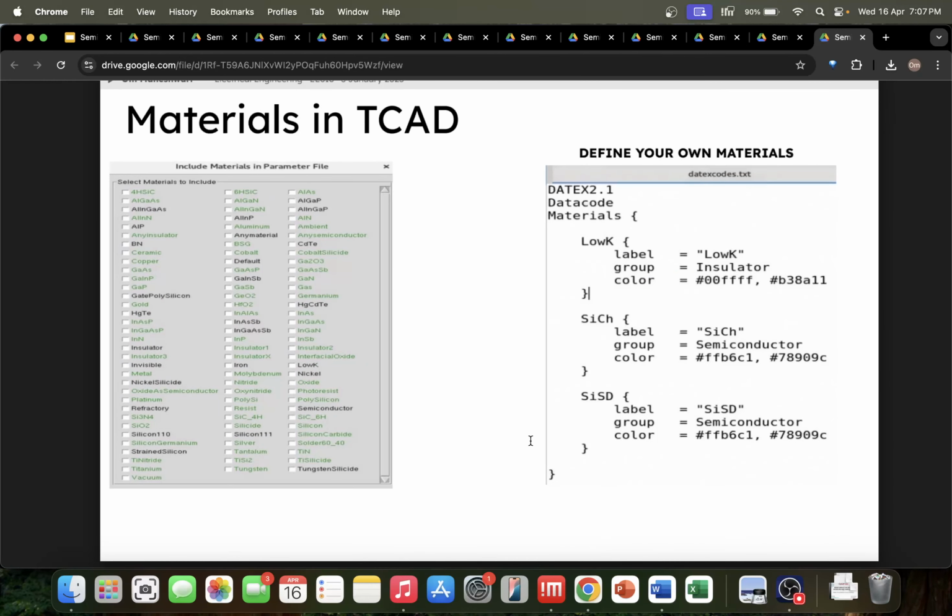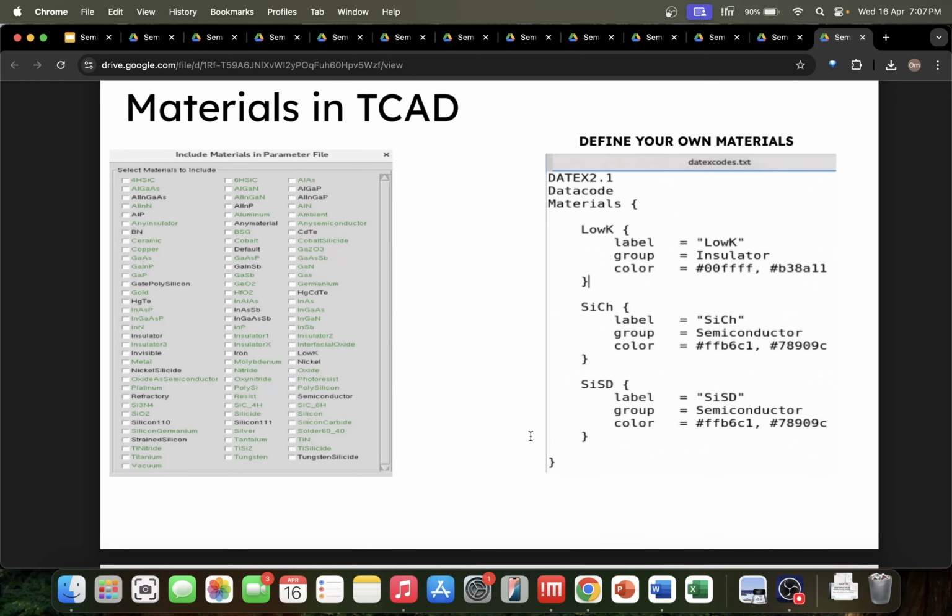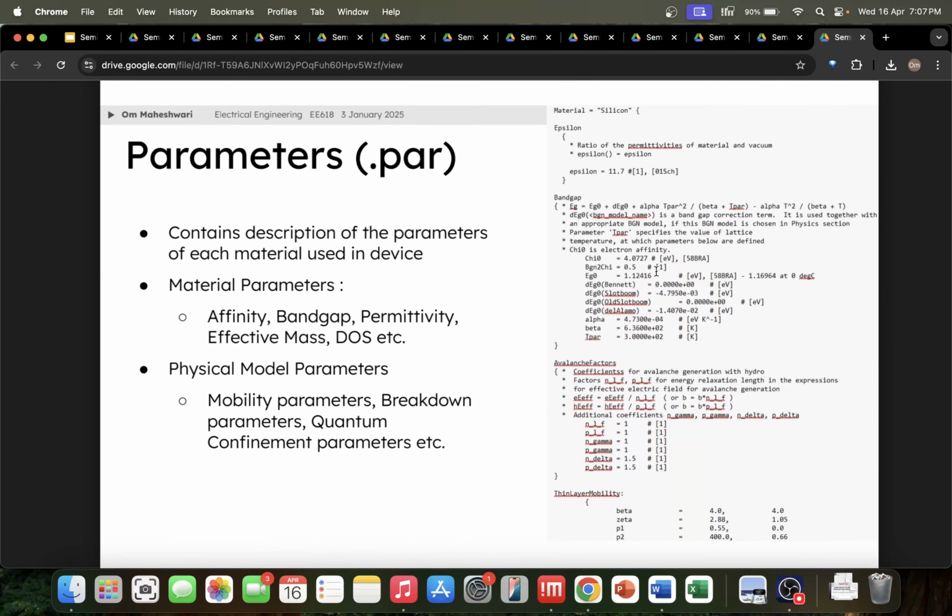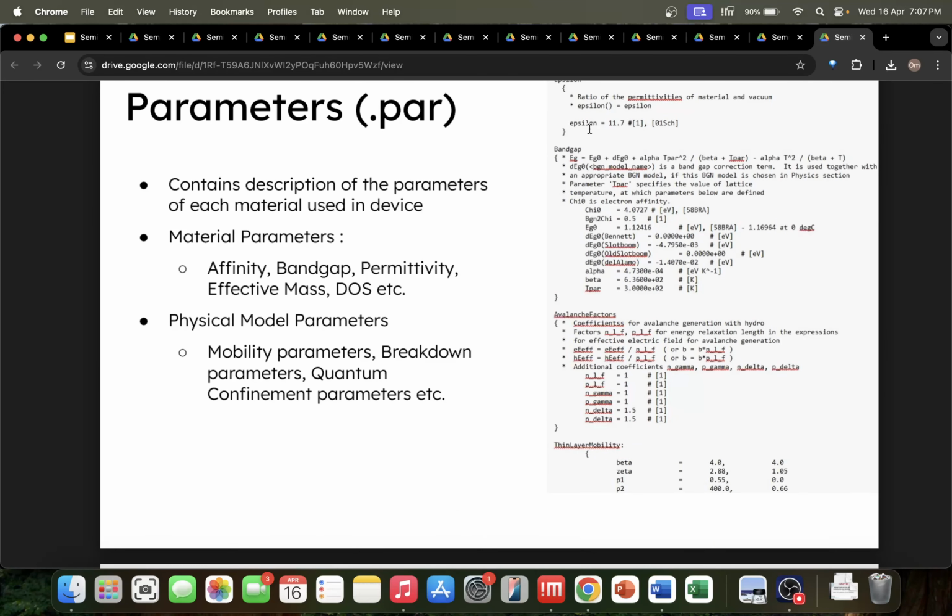Different materials, and how different materials can be imported in TCAD. We can define our own materials by defining their own parameter files. This is an example of a parameter file containing different material properties: affinity, band gap, permittivity, and different physical model parameters.